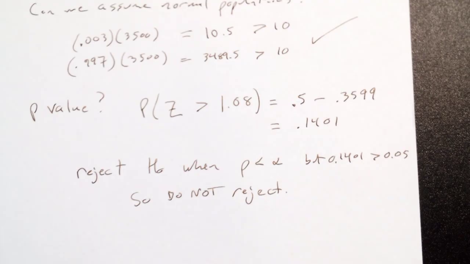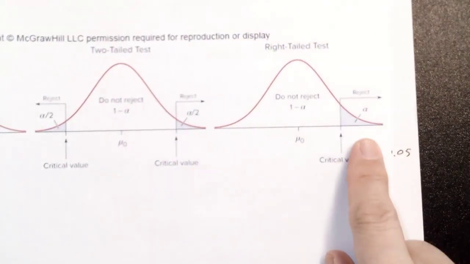We did a one-tail test here. Because I said, it's okay if we have fewer bad needles. It's not okay when we have more bad needles. When we do a two-tail test, we split the area for our rejection zone into two pieces. Here's our right tail test.